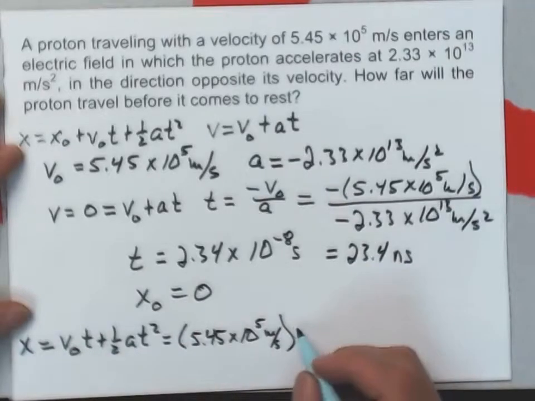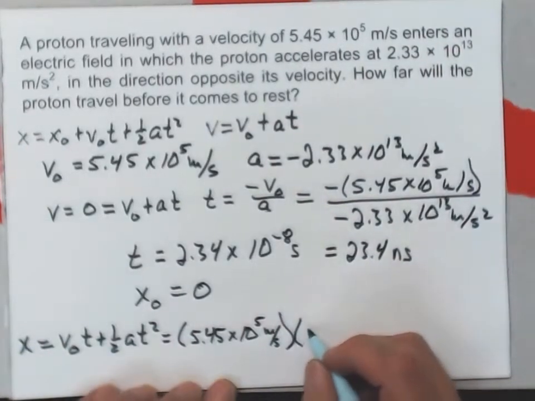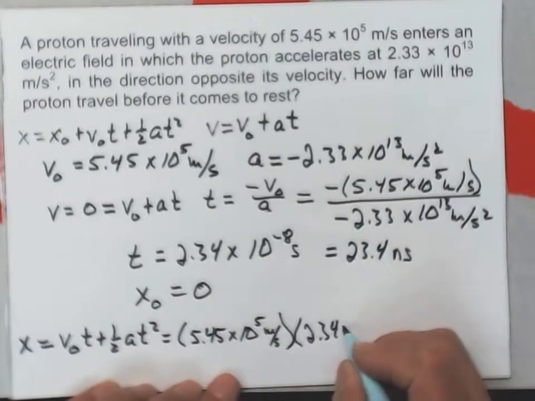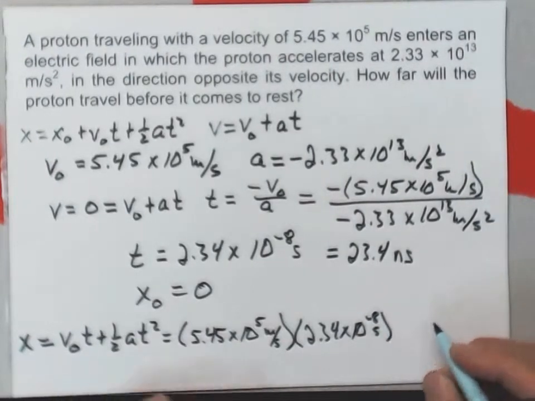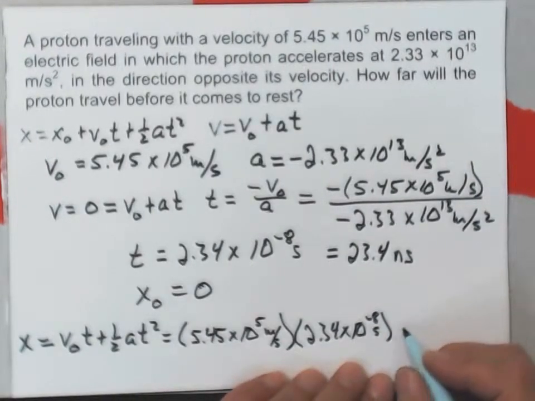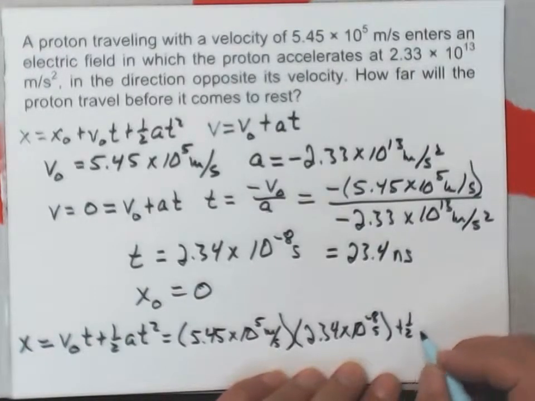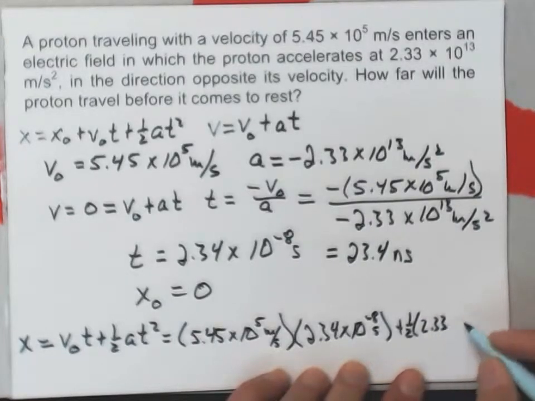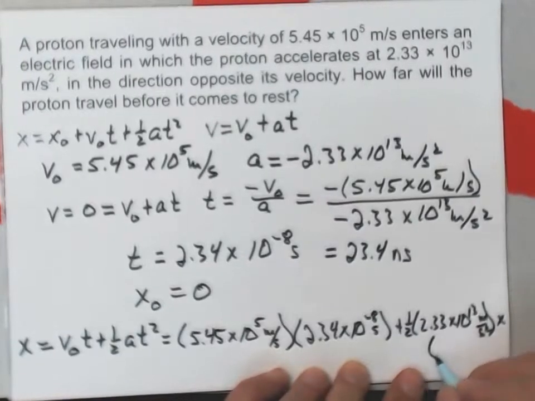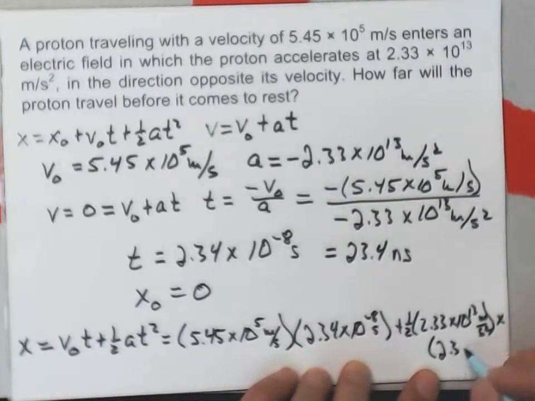It's v naught times t, so I multiply that by the 2.34 times 10 to the minus 8 seconds, plus, we'll hope this fits, 1/2 times the acceleration, 2.33 times 10 to the 13th meters per second squared, times the time, 2.34 times 10 to the minus 8 seconds, and that gets squared.